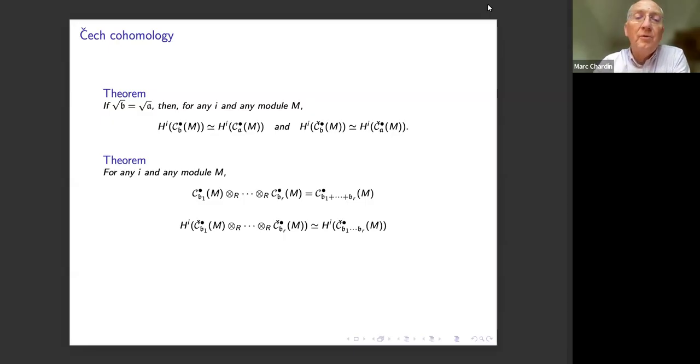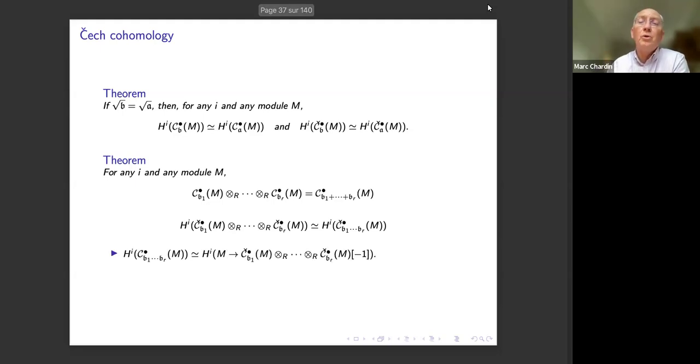So you have a quasi-isomorphism between the ith cohomology of the tensor product of the Čech complexes that give you sheaf cohomology and the ith cohomology with respect to the product of the ideals. Okay? And if you want the local cohomology with respect to the product, you just augment this by the first map that sends M to the first element there, which is all localization. The first element of this tensor product is just all localization and all products. So you have this natural augmentation map, and this enables you to compute this cohomology with a complex.